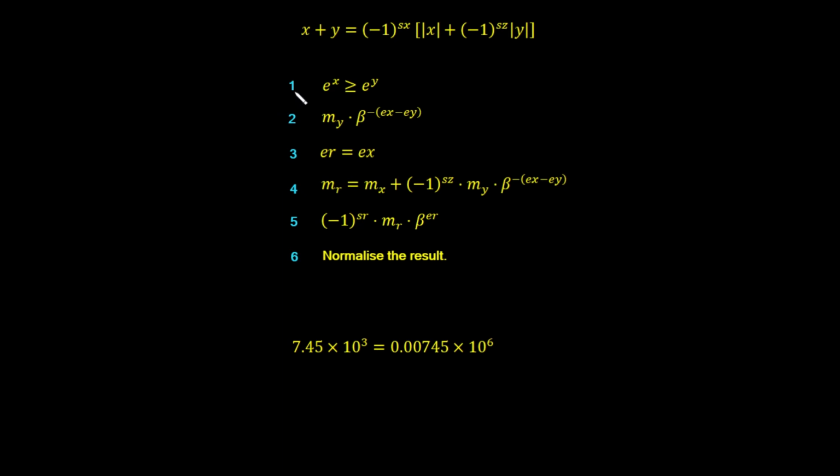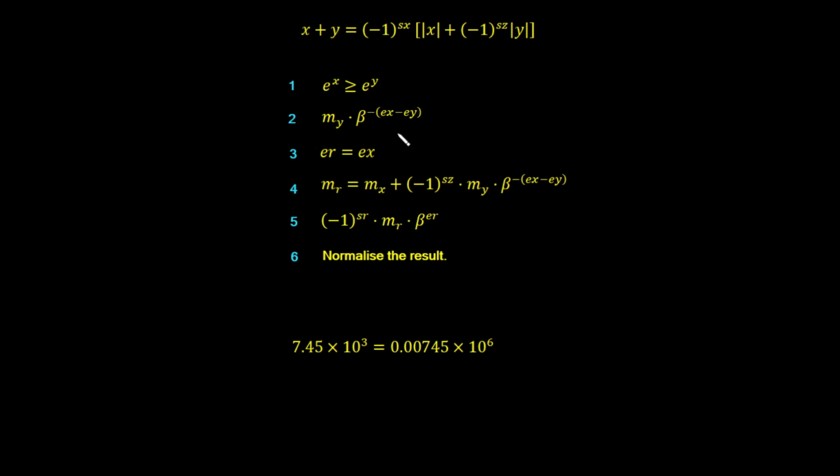Now we said on the previous page that first of all what we want to do is ensure that our value for e_x is greater than or equal to e_y. And we said we wanted to do that really just to simplify the circuitry. So this would ensure that we're only ever increasing the exponent and decreasing the mantissa. Now secondly, we want to align the mantissas before we do the adding or subtracting.